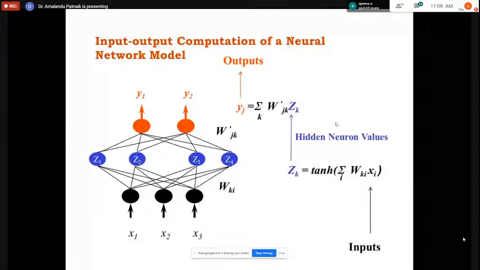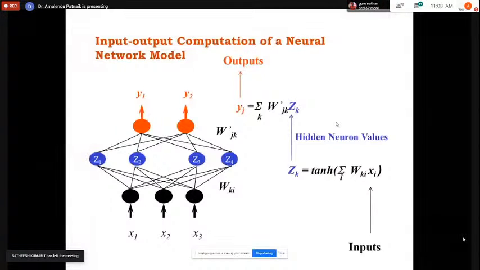You can see that the sigmoidal transfer function has been used for the hidden layer neurons, whereas for output layer neurons, better you take linear transfer functions.